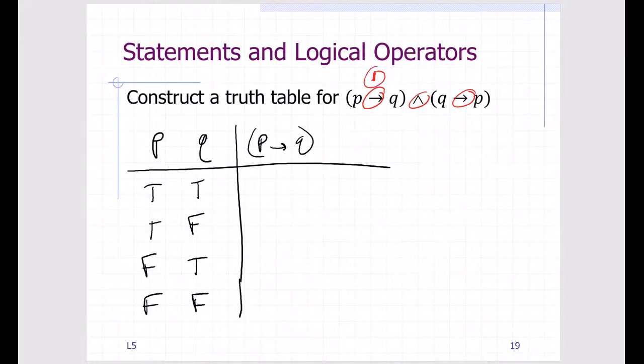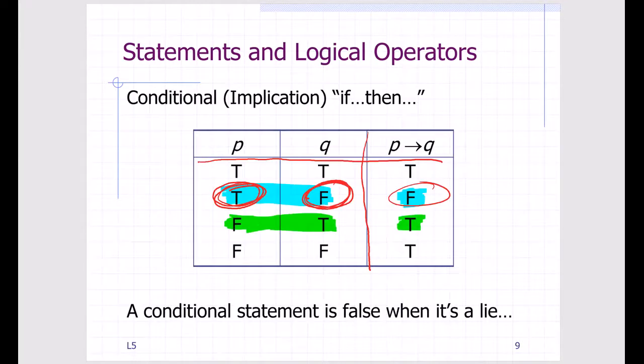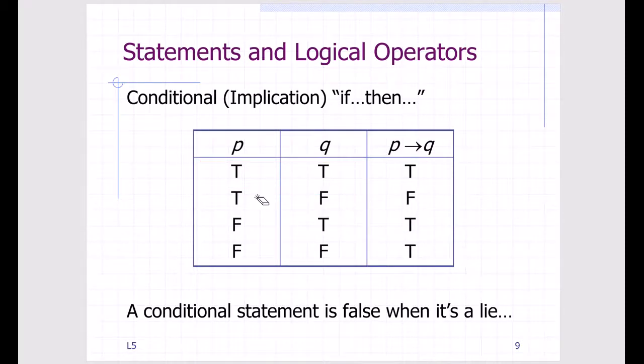Now we have the definition of the conditional. Let me just go back real quick. Okay, so this is our definition for conditional. This is how conditional works. If you take two trues and combine them, you get a true, and so on.